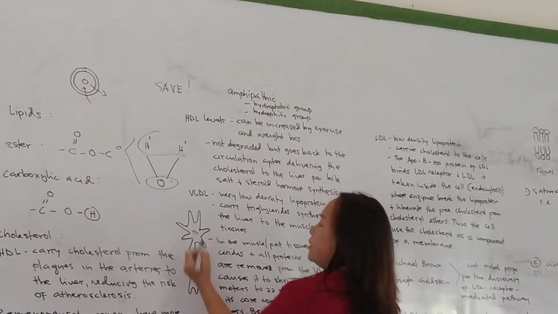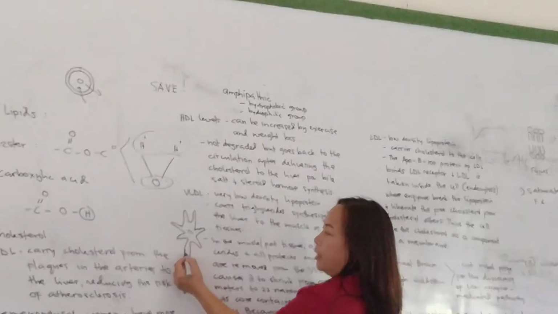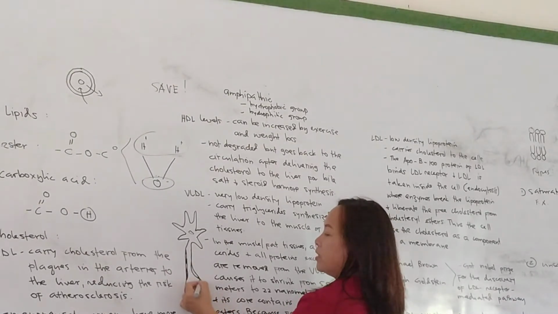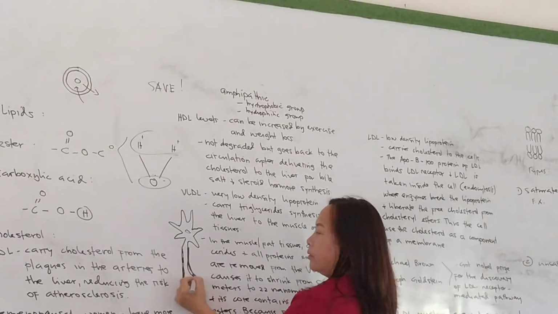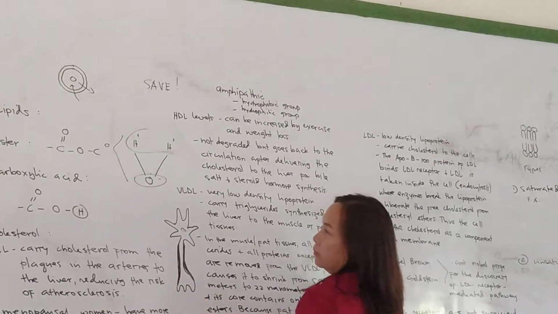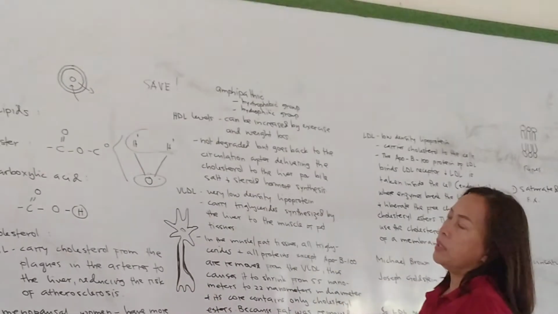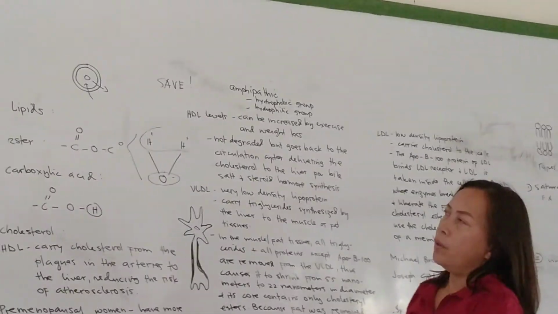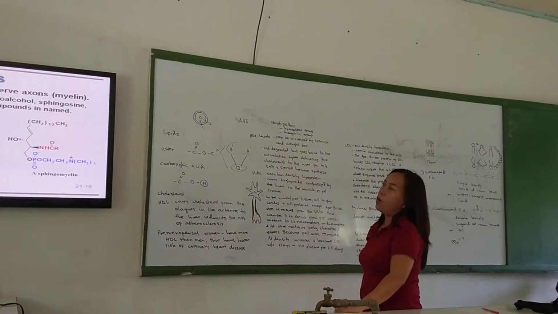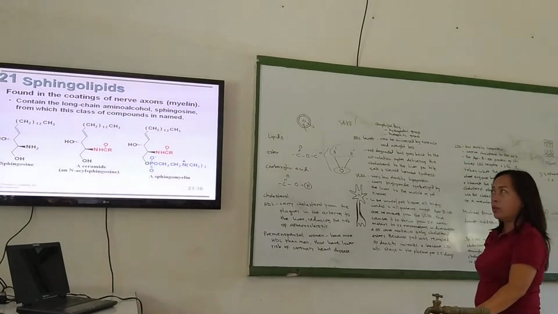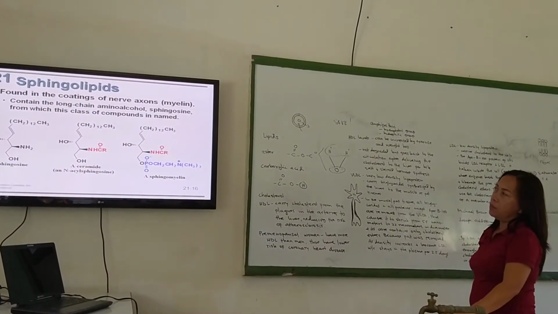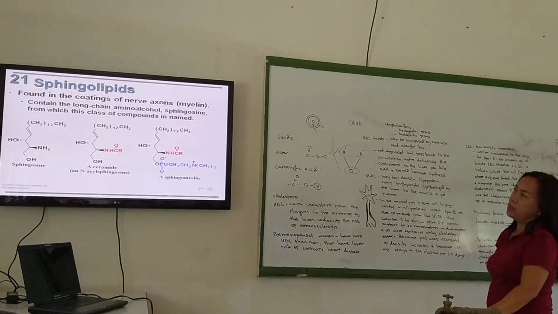Here in the axon part, this is the myelin sheath. That is where you can find the sphingolipids. It is very abundant, found in the coatings of the nerve axons, or the myelin sheath, that contain the long chain amino alcohol, sphingosine.